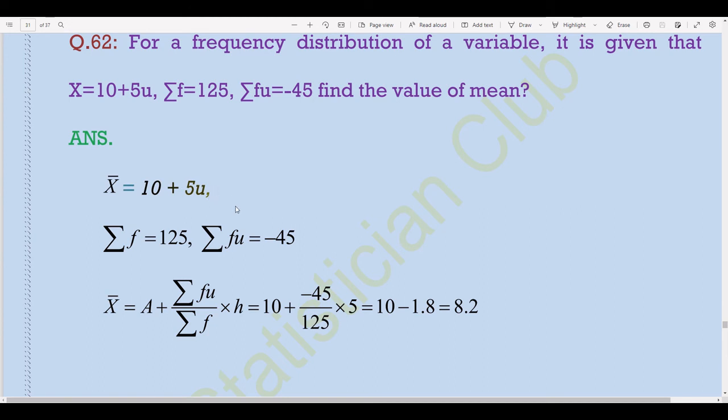By simplification, we write u is equal to x minus 10 over 5. And in general form, u is equal to x minus a over h. So here in this question, our a is 10 and our h is 5. Put this in the formula: 10 plus minus 45 over 5, times 5. After simplification, your mean is 8.2.